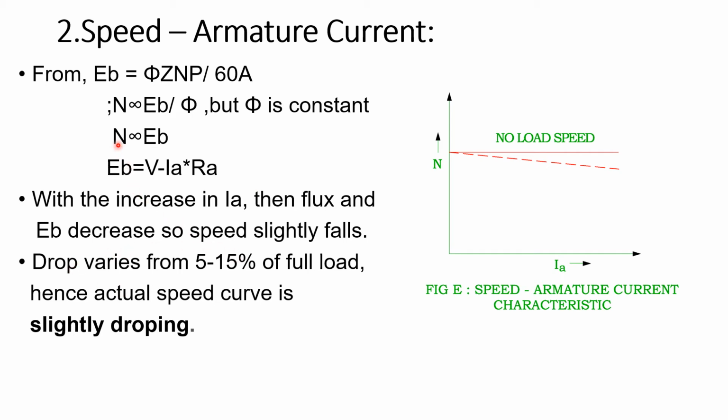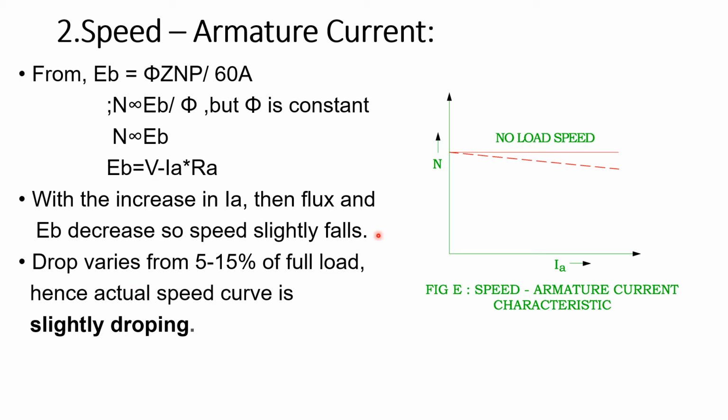So we can say that the relationship between the speed and armature current will be like this. That is, it will be like a dropping characteristic. When the load increases, back EMF will slightly decrease so that the speed slightly decreases from no load to full load. Means when the load increases, then armature current will increase, so the back EMF will decrease.